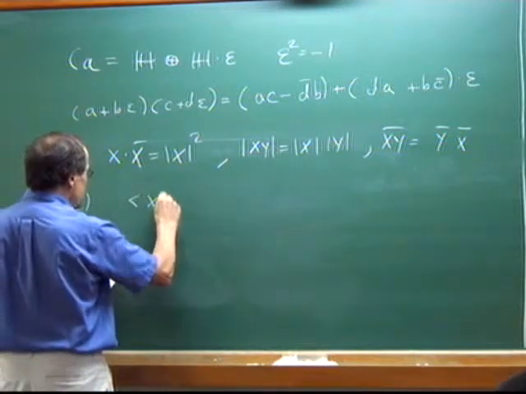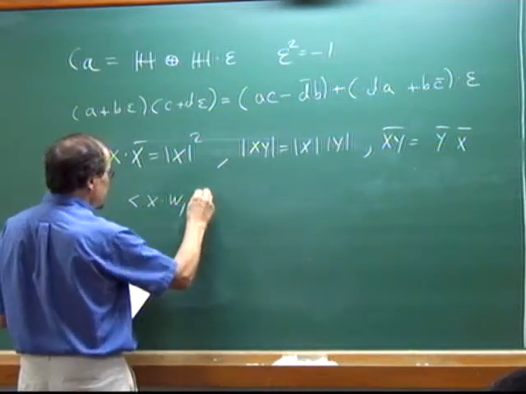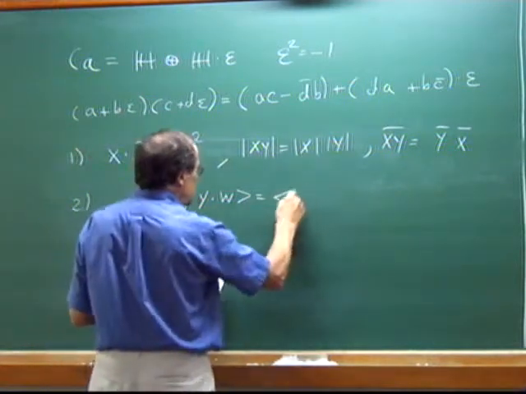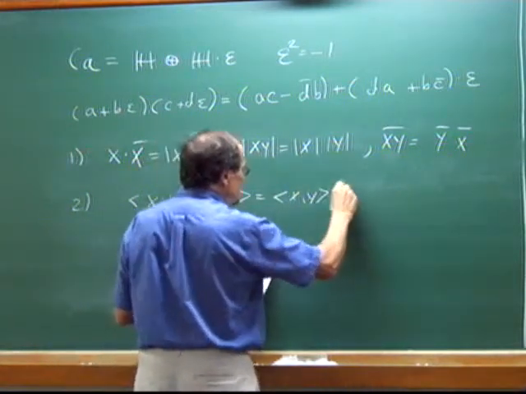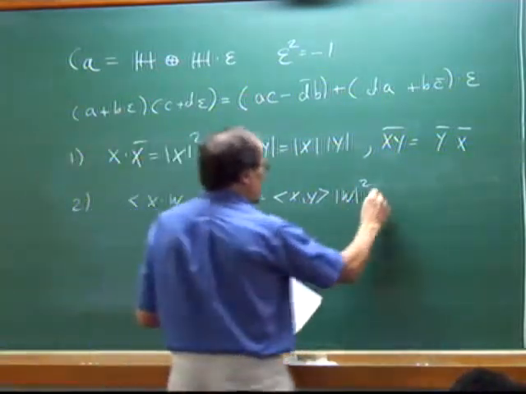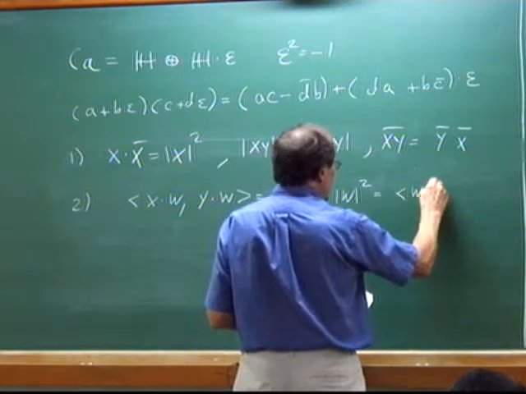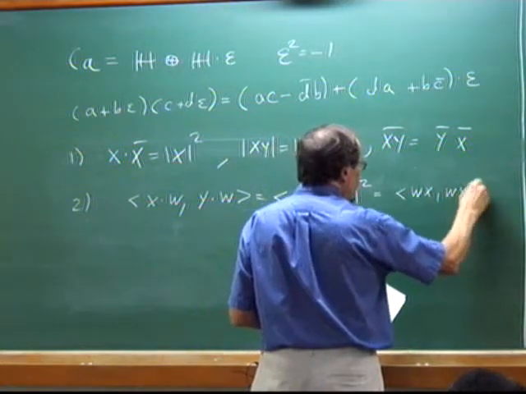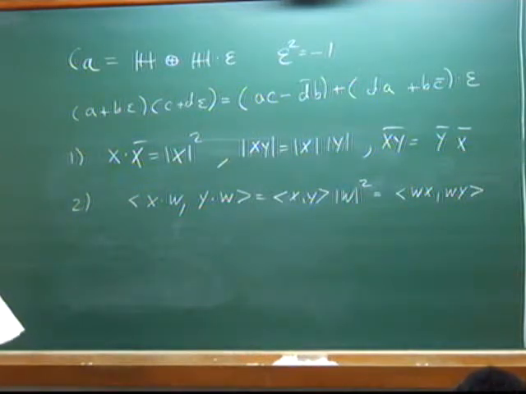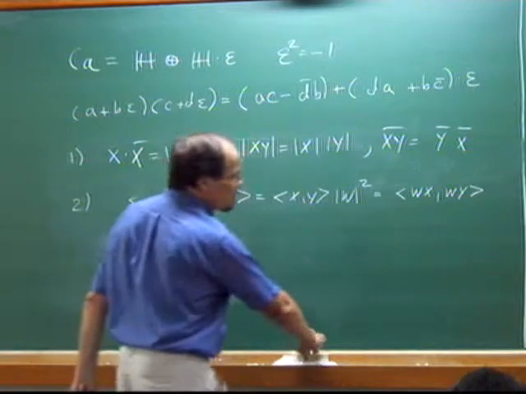Let me just write down all the equations. x in a product of the right multiplication of the w comes out like this. Similar for left multiplication. So of course, this follows right away.